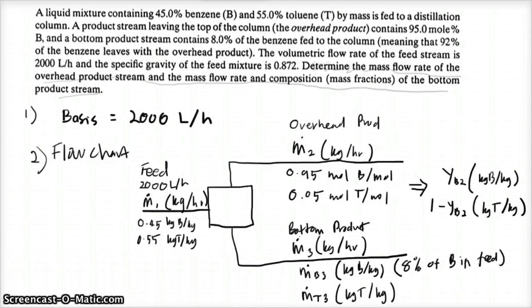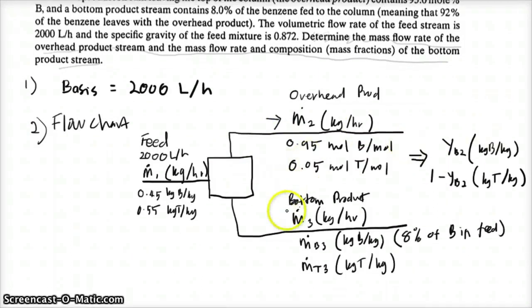So they want the mass flow rate of the overhead product stream, which is M2 here, and the mass flow rate of the bottom product stream, which is M3. And the final one is composition, which is the mass fraction. So they want the mass fraction of the bottom product stream.